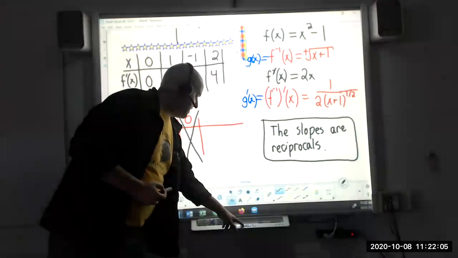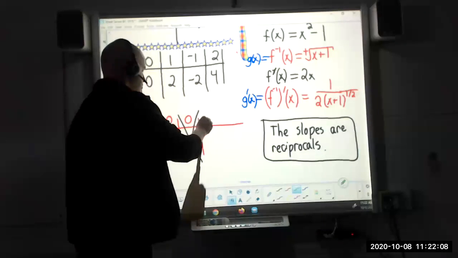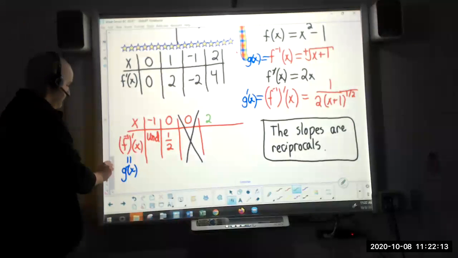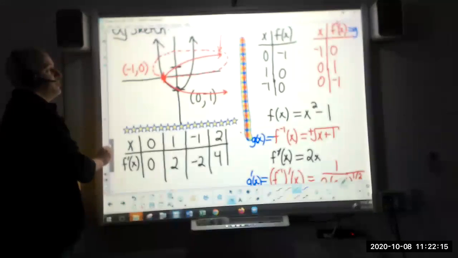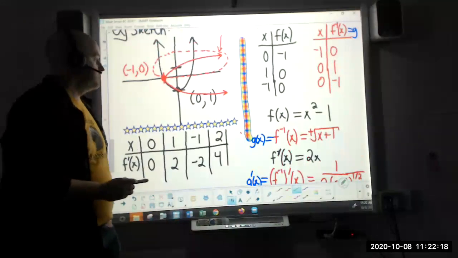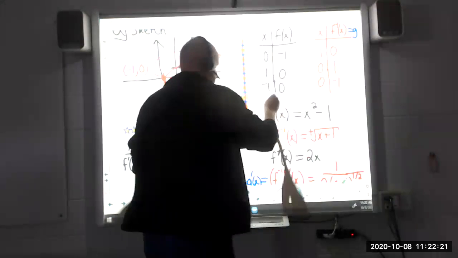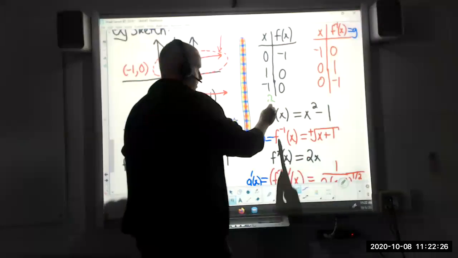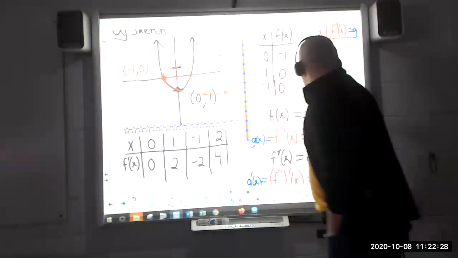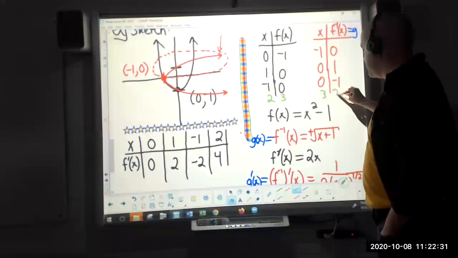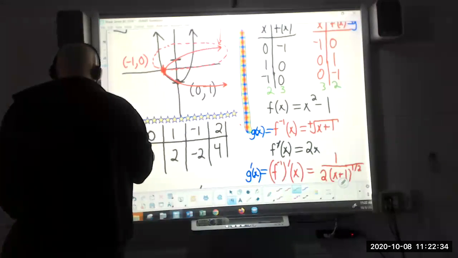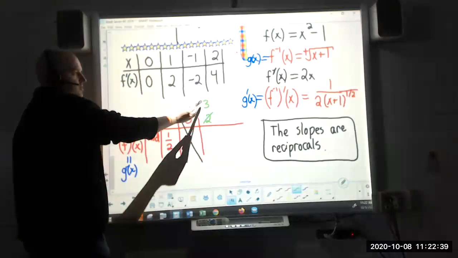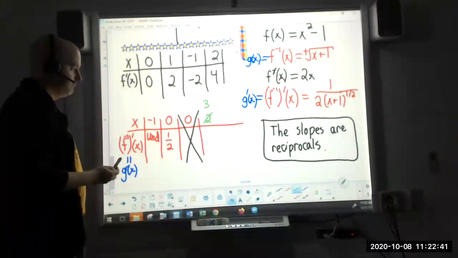Now, you cannot just write 2. How come? Well, if we go back to x and f of x, when x is 2, what is the output? According to our formula, 3. That means in the inverse, it's 3, 2. So it's not 2, it's 3, because 3 is the inverse value for 2.